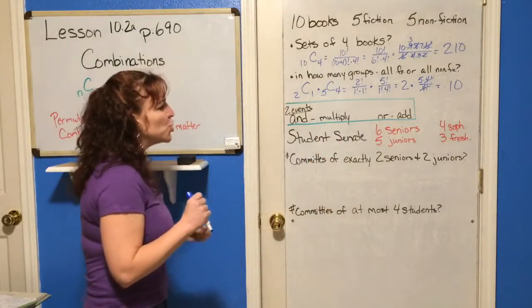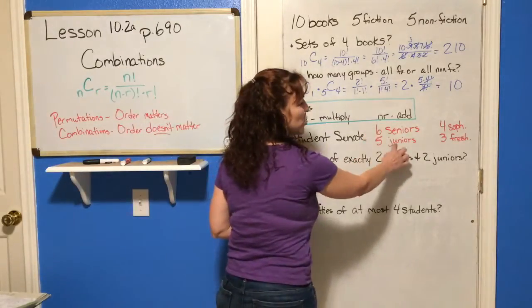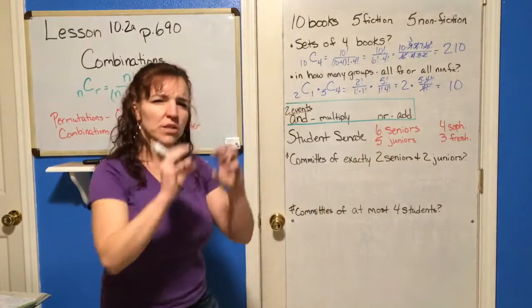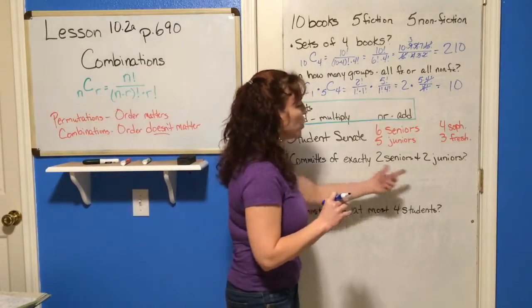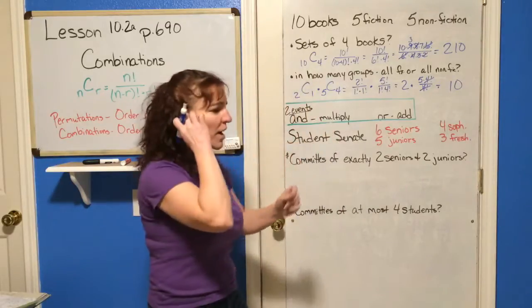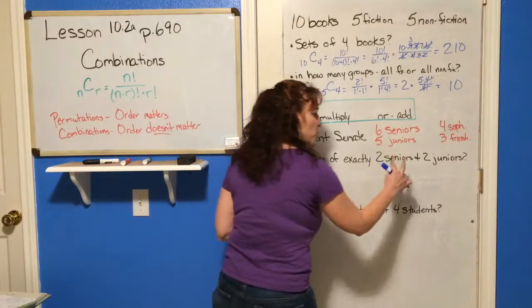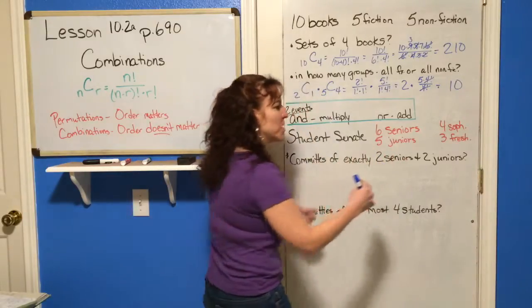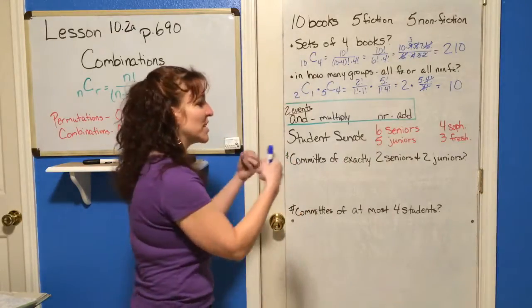So what we need to do is this. We've got seniors and we've got juniors. That's two different combinations we're dealing with, but we want to do both. We want to do and, so we're going to multiply our combinations here. We're going to find out how many committees we can have of 2 seniors, and then how many committees we can have of 2 juniors, and then we're going to multiply those combinations together.